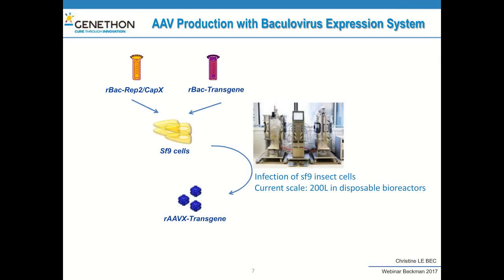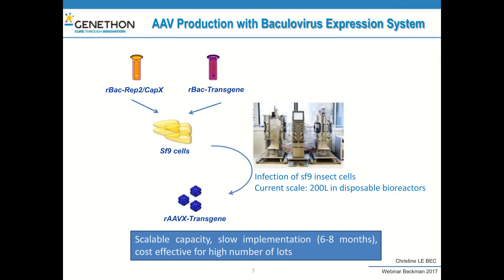The current scale is 200 liters in disposable bioreactors. This process has the capability to be scalable. The implementation is slow because you need to generate the Baculovirus bank, but the cost is smaller compared to the other processes if you need to make a high number of lots of AAV vectors.